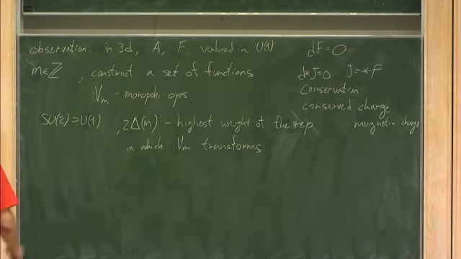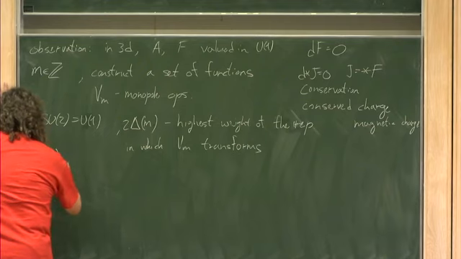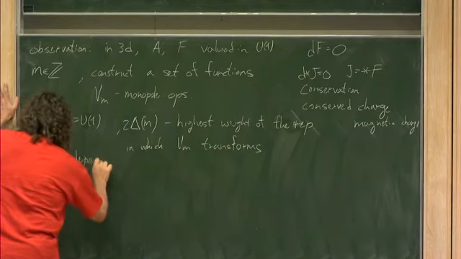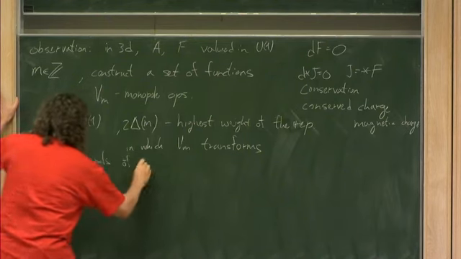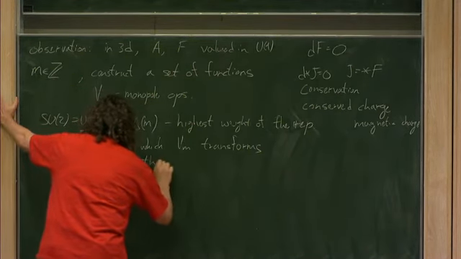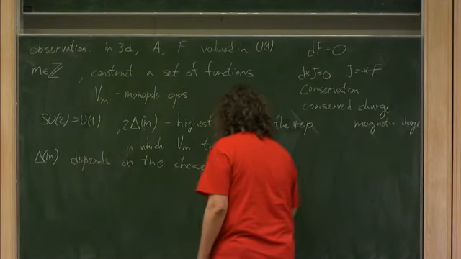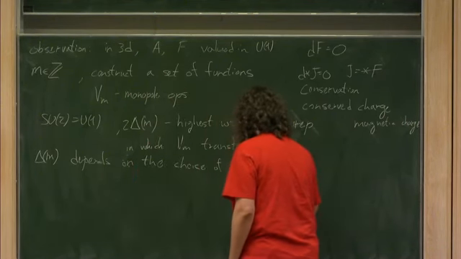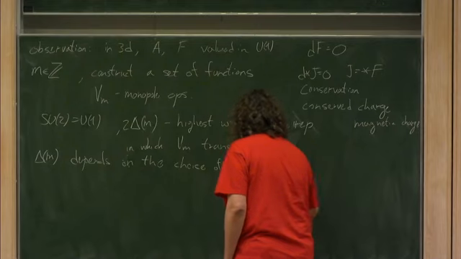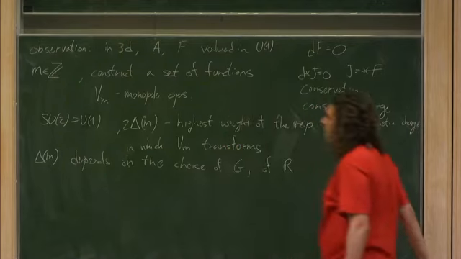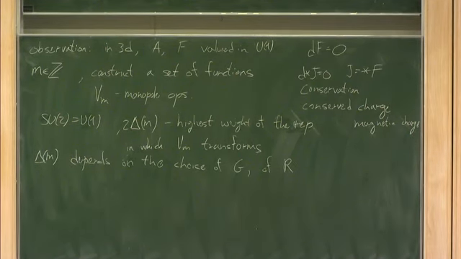Now, delta depends on the choice of the group and the choice of the representation, which I'll denote by R. In Nakajima's talk, it was denoted by M, as a quaternionic representation, and he also used the letter N for describing the complex representation.